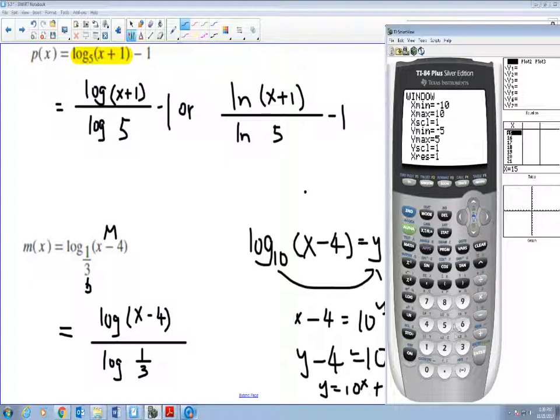Let me go back to my regular window. Remember, when I interchange the x and y variable, I'm also interchanging the x and y coordinates. Okay, negative 5, 4.